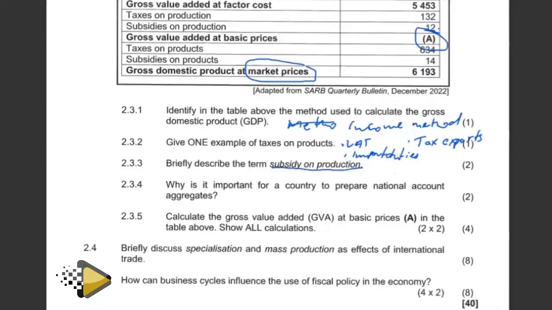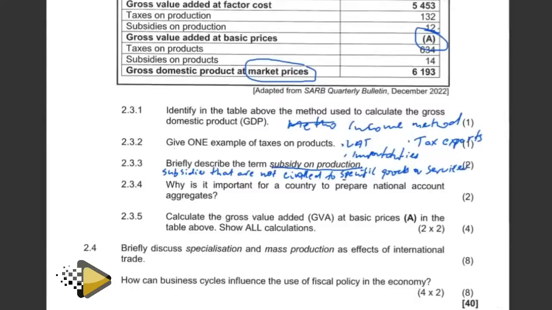The moment we talk of the subsidy on production, this is nothing but the subsidies that are not linked to specific goods or service.